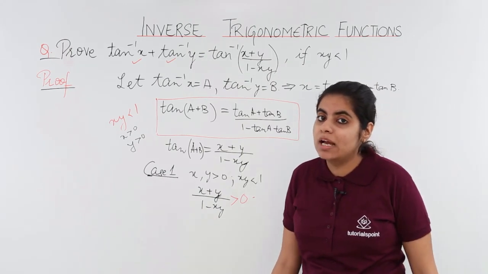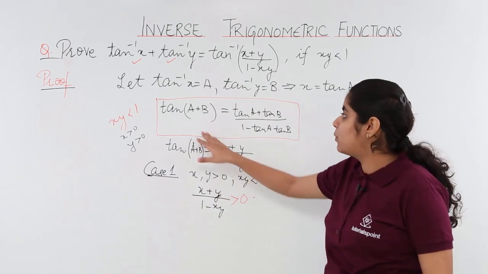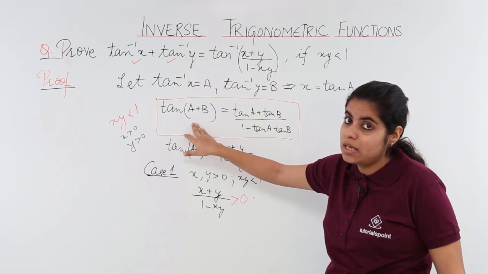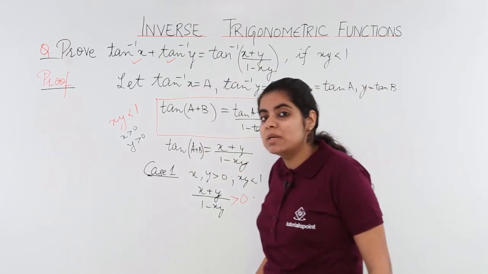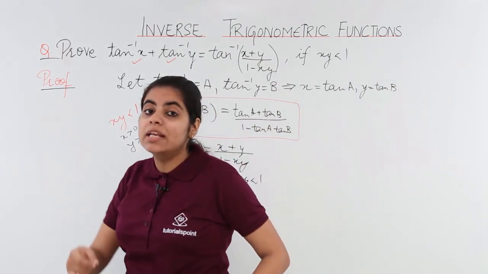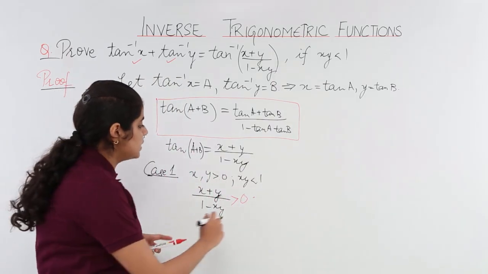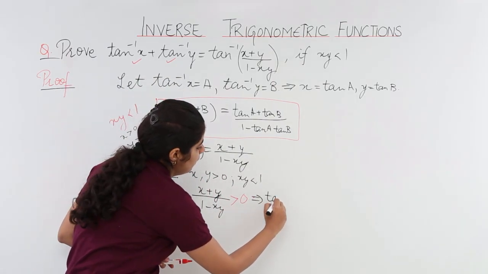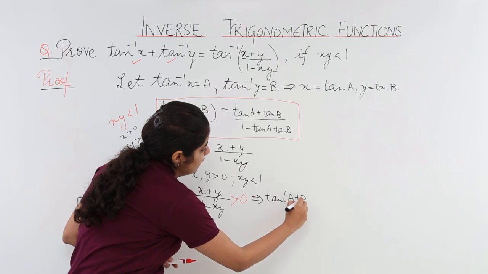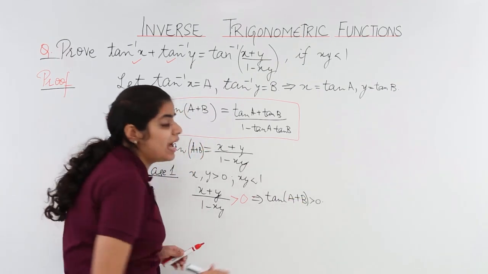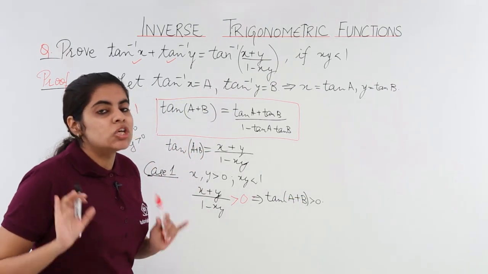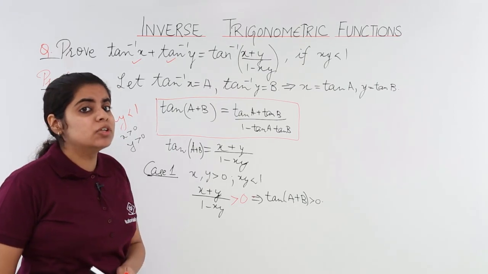Now what is x plus y upon 1 minus xy? X plus y upon 1 minus xy is tan a plus b, so that means my tan a plus b is greater than 0. Now if tan a plus b is greater than 0, that means the tangent of some angle is positive. So tan is positive in which quadrant?